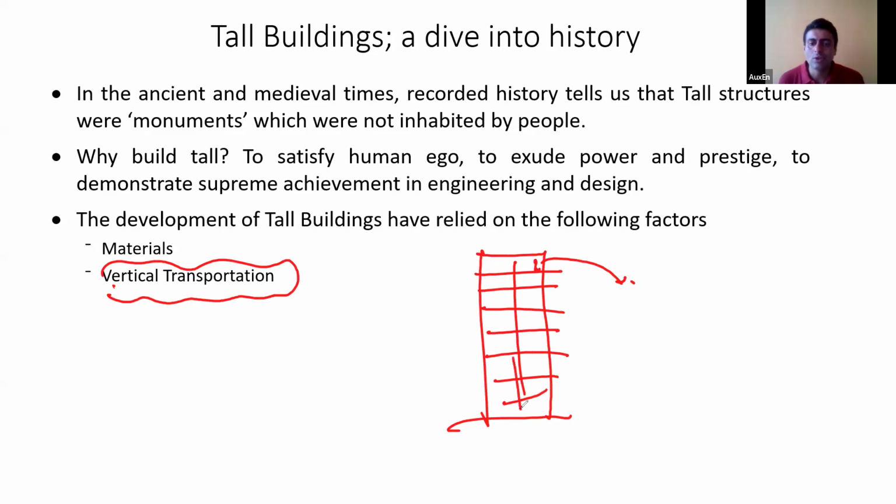And if you are able to reach those higher levels comfortably in an elevator, then the advantage of views can be sold at a premium. So you can sell your upper stories for a premium. But you have to first be able to reach over there. So for that, vertical transportation developments played an important role in the development of tall buildings.